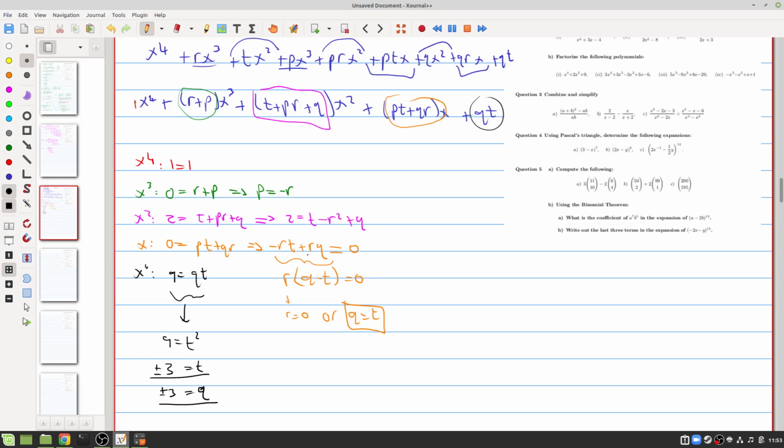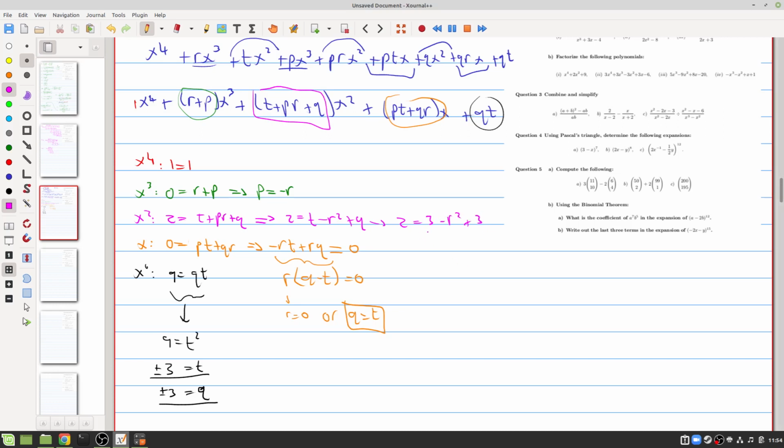Then, okay, this part, so r will be 0, I think, it looks like. So in the pink part here, what can we do? Actually, let's keep it black for these calculations. Oh no, that's fine. Okay, so if we replace q and t with 3's, that's going to be 2 equals 3 minus r squared plus 3.